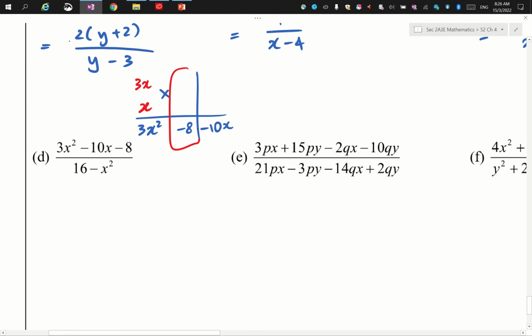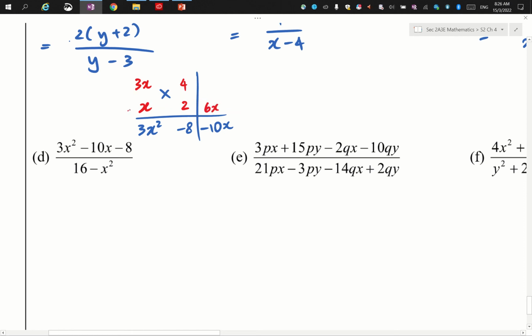So now move on to the next. Which 2 multiplied to give us negative 8. So we can try 4 and 2, keeping in mind that one of them has to have a negative sign. Okay, so let's leave it this way first. We see what happens. 3x multiplied by 2 gives me 6x.